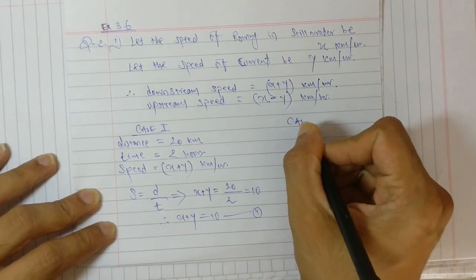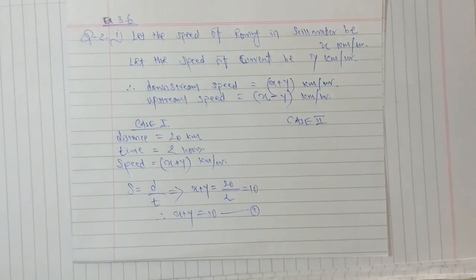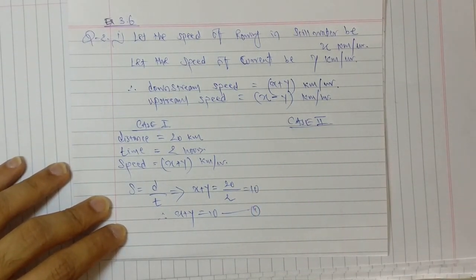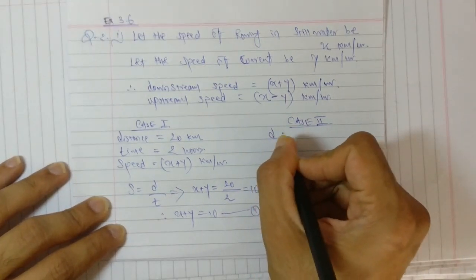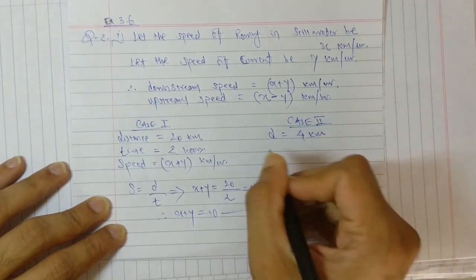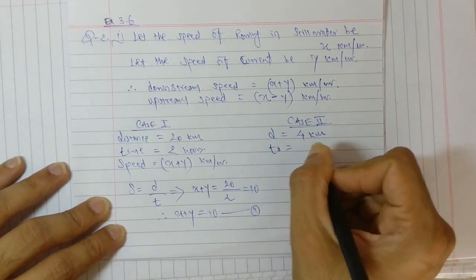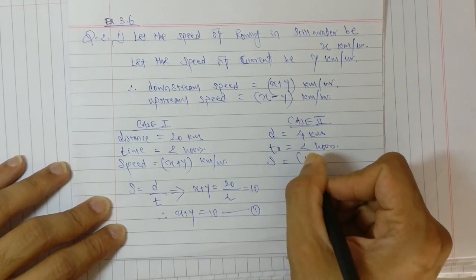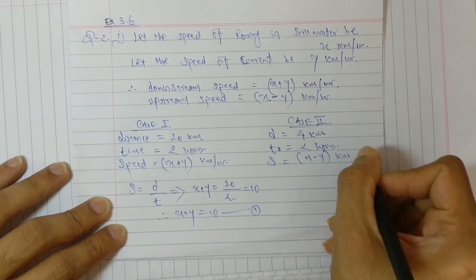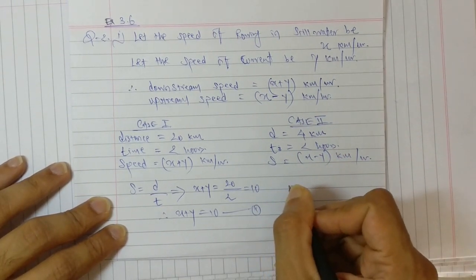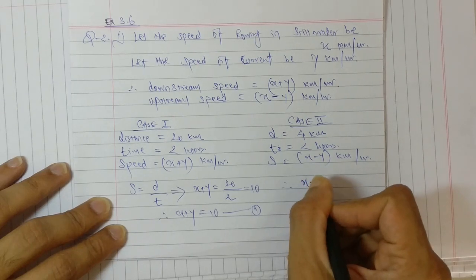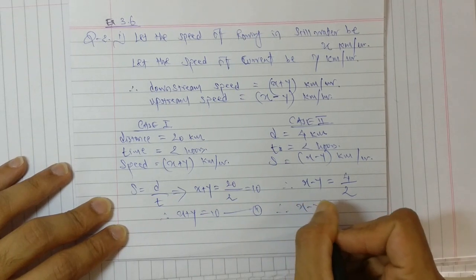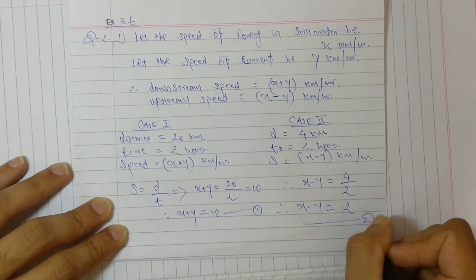Case 2. In case 2, Ritu is going upstream 4 kilometer in 2 hours. So distance is equal to 4 kilometer. Time is 2 hours again, but this time she is going upstream, so speed will be x minus y kilometer per hour. Therefore speed is equal to distance upon time, so x minus y is equal to 2, equation number 2.